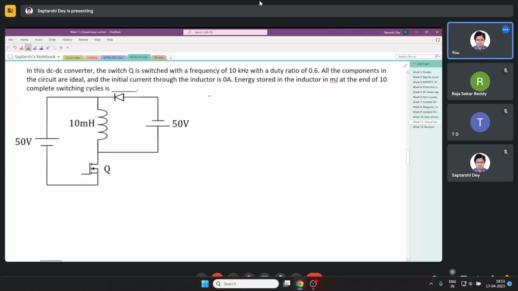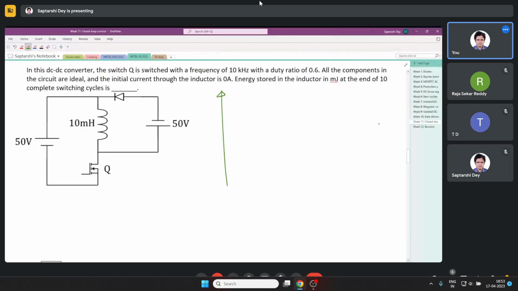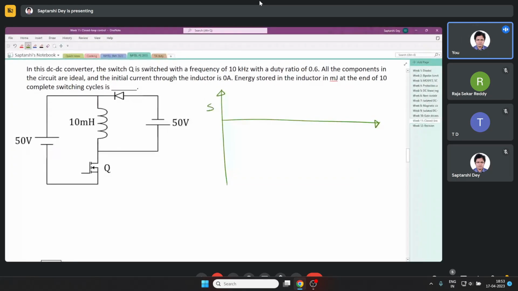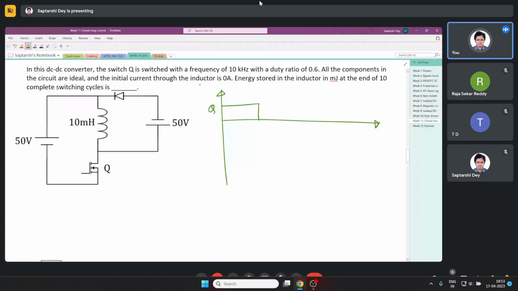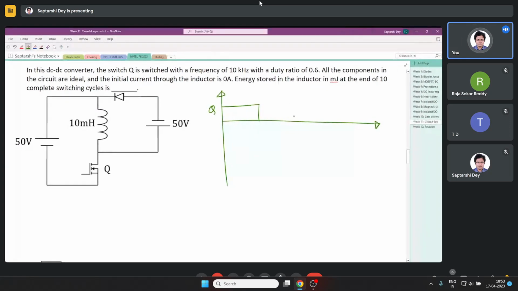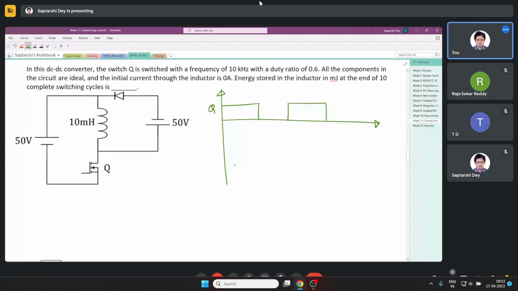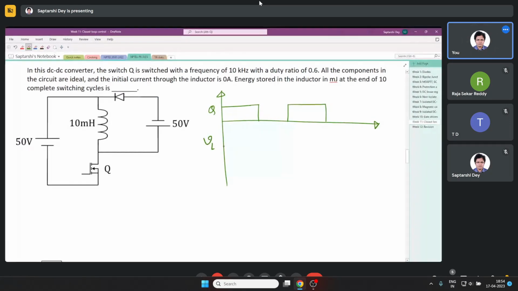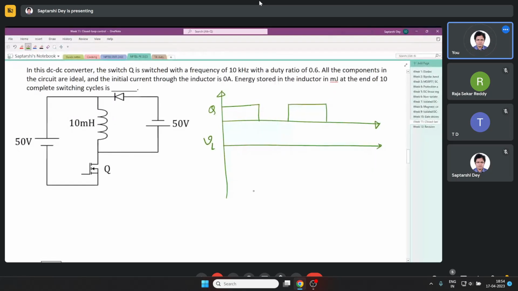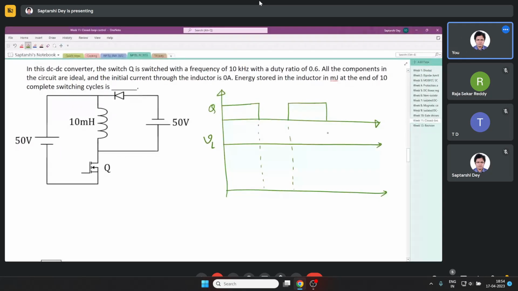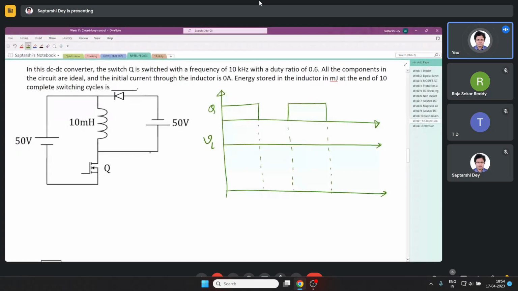Now I will first draw the switching waveform Q. So switch Q is on for 60%, so it is on for longer, off for a shorter duration, like this. Then I will draw the inductor voltage waveform and inductor current waveform, like this.